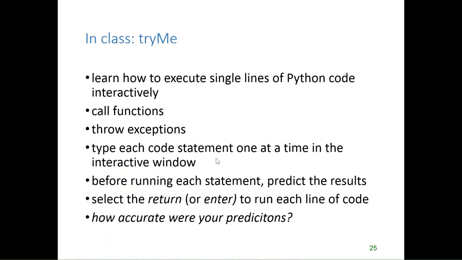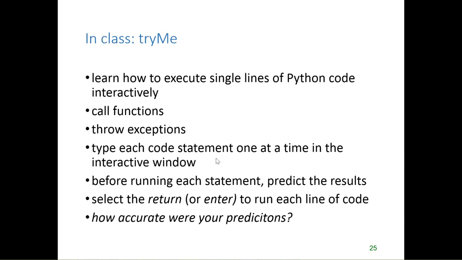And the idea of this is to use PythonWin to learn how to execute single lines of code interactively. In this exercise, you'll call functions, you'll throw some exceptions, you'll write some code that will throw exceptions. You'll type each line of code, each code statement, one at a time in the interactive window.